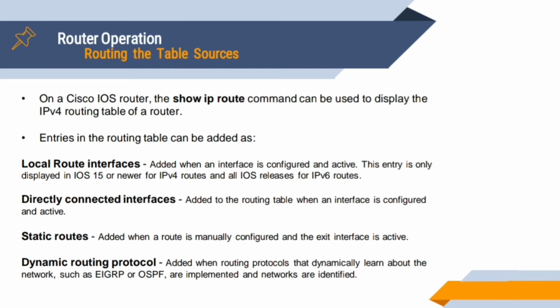Next is static routes, added when a route is manually configured and the exit interface is active. Lastly, dynamic routing protocol, added when routing protocols that dynamically learn about the network, such as EIGRP or OSPF, are implemented and networks are identified.